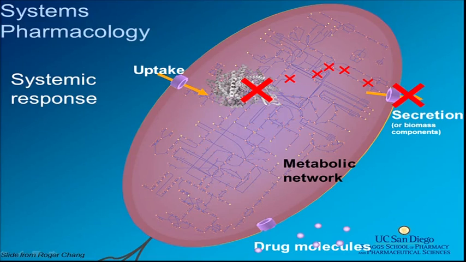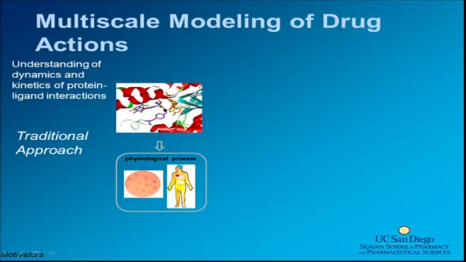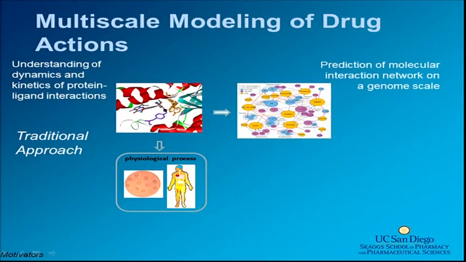So what we can do is we can measure uptakes, we can measure secretion, we can measure a whole series of parameters around this, and that allows us to say a lot more about this whole network than we could say before, by using the whole network. So what we've done, in effect, without giving you any of the details, but this is what systems biology is starting to bring to the table.